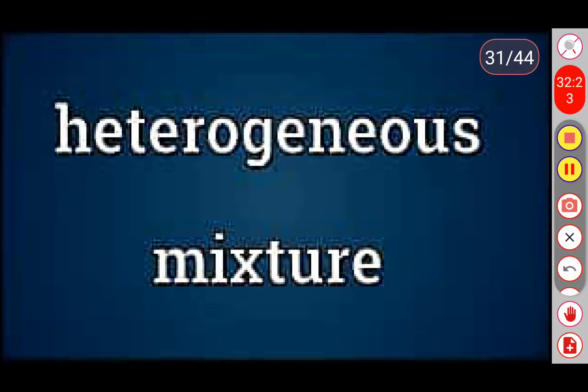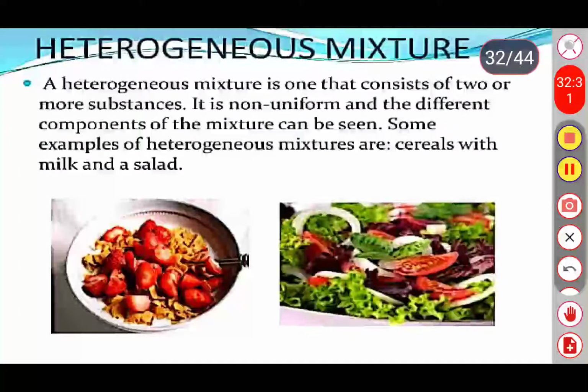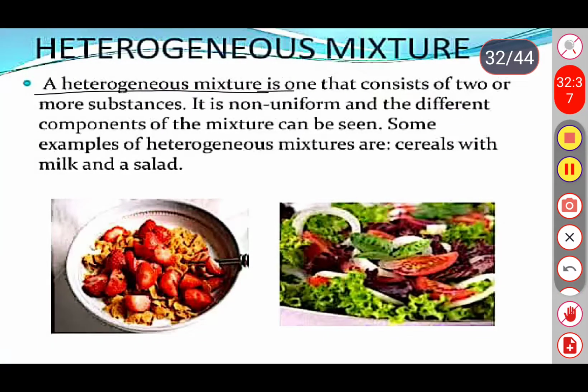Let's see the definition of heterogeneous mixture. A heterogeneous mixture is one that consists of two or more substances. It is non-uniform and the different components of the mixture can be seen. Some examples of heterogeneous mixtures are cereals with milk and salad.